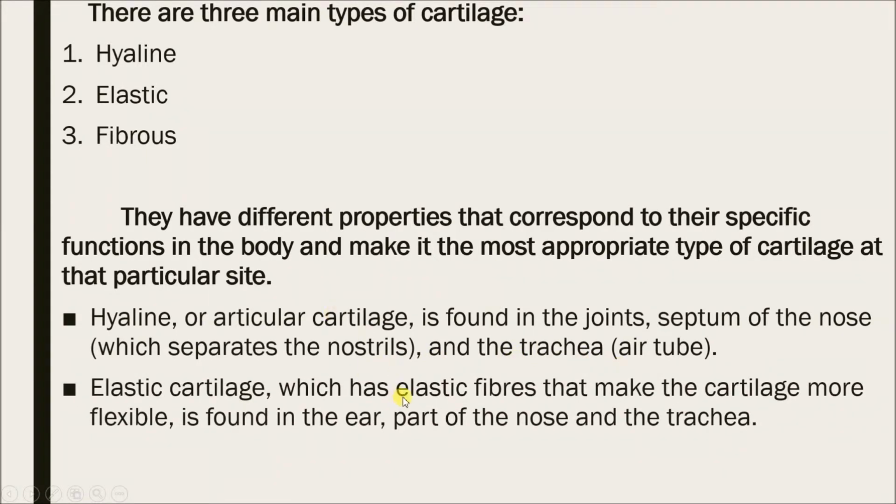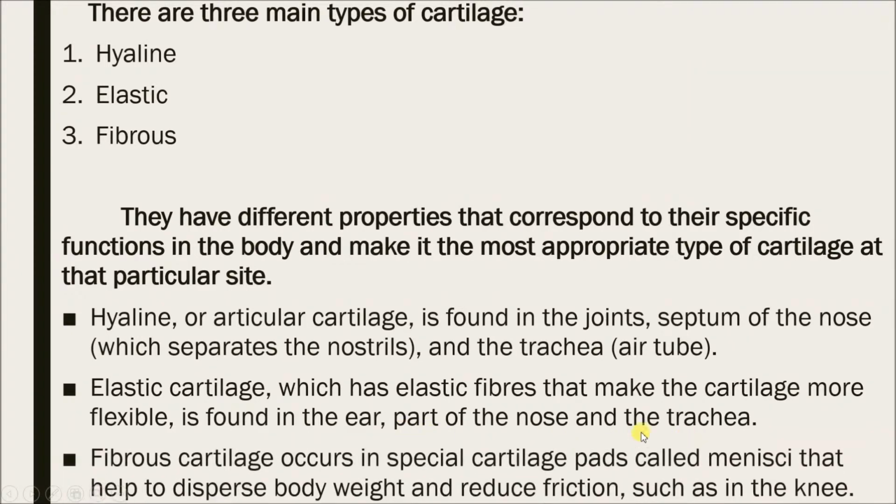Elastic cartilage, which has elastic fibers that make the cartilage more flexible, is found in the ear, part of the nose, and the trachea. And fibrous cartilage occurs in special cartilage pads called menisci that help to disperse body weight and reduce friction, such as in the knees.